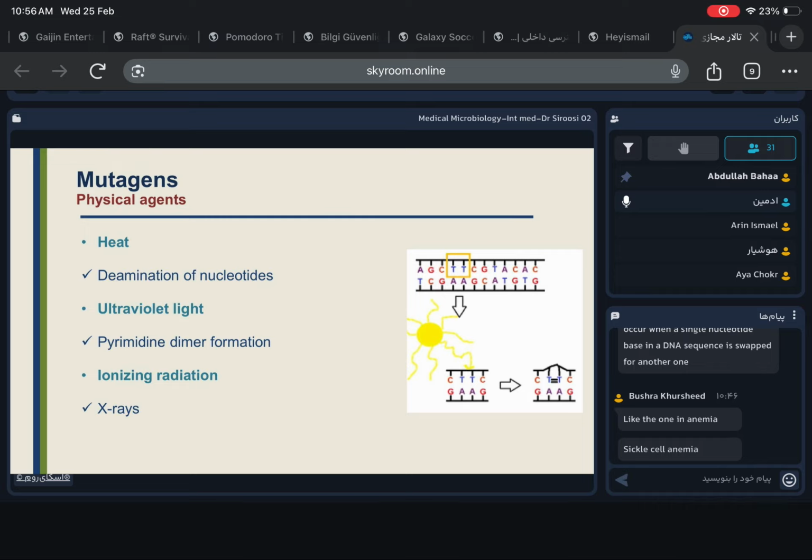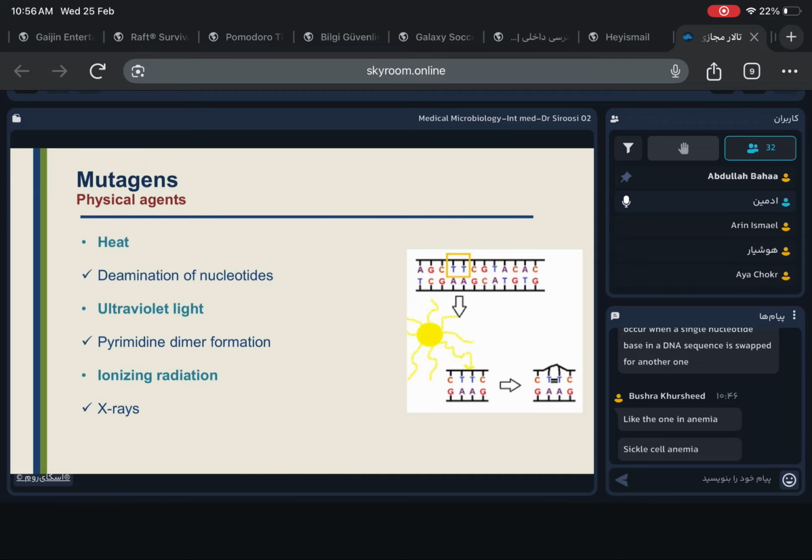This is the reason behind this function of ultraviolet, because it's able to form pyrimidine dimers, and pyrimidine dimers interfere with the normal function of DNA polymerase and they cause mutation. And if there are too many mutations in the DNA, the cell finally will be dead. So this is the action of ultraviolet, which is a physical agent as a mutagen.